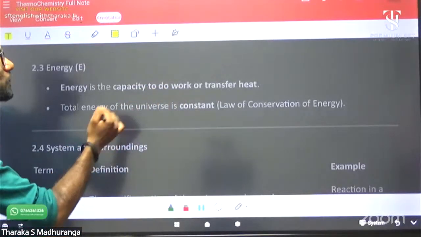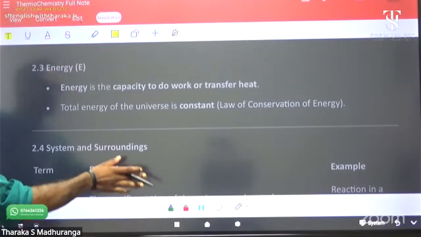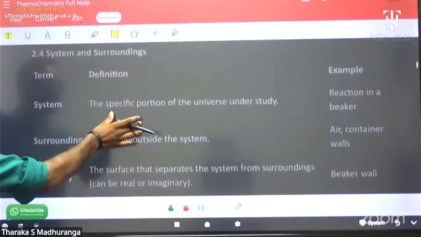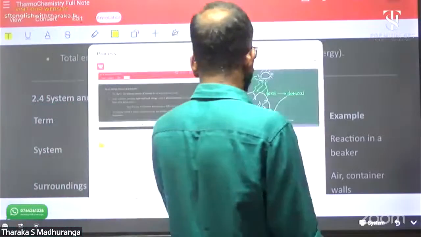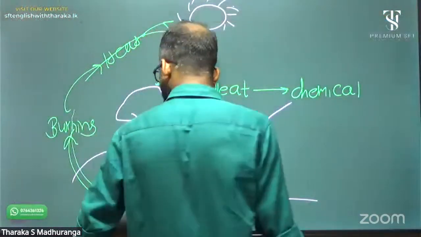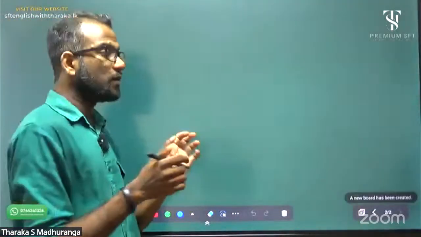The energy of the universe is a constant amount. The amount of energy in the universe is a constant amount. Okay, write down. Those are the main keywords.